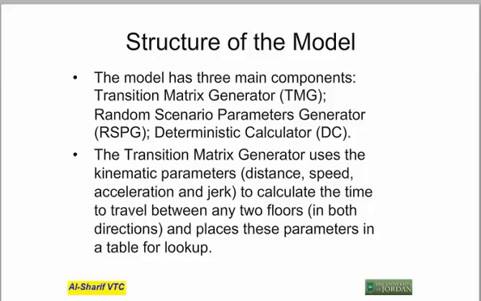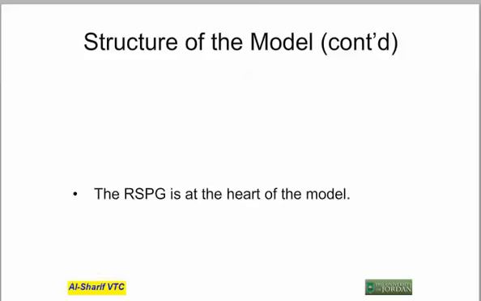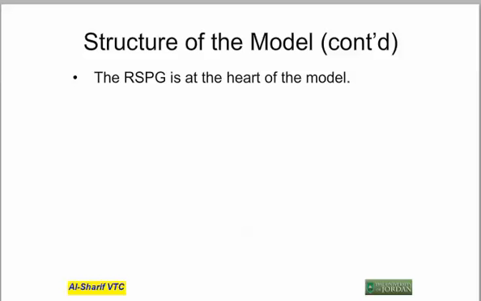And it uses a number of equations to calculate the time needed to travel between one floor and the next. Obviously, as you would expect, the time taken to travel from one floor, I, to another floor, J, is the same time taken to travel from J to I in reverse. And also intuitively you would expect that the time taken to travel from the floor to the same floor is 0. We're not going to travel from the floor back to the same floor again.